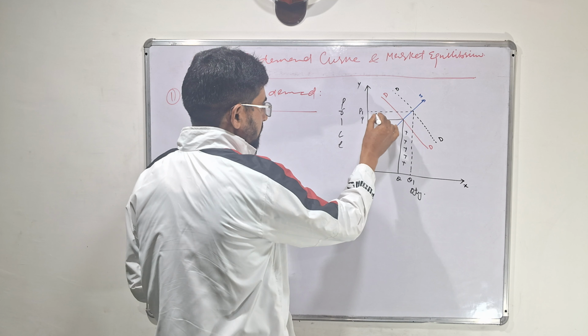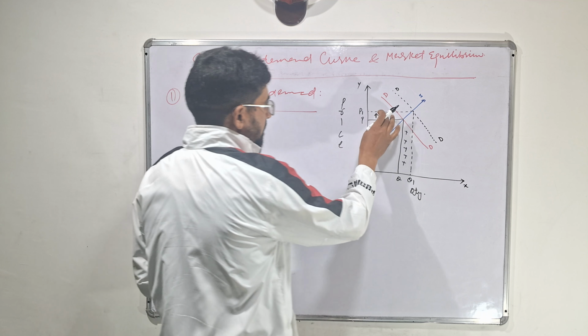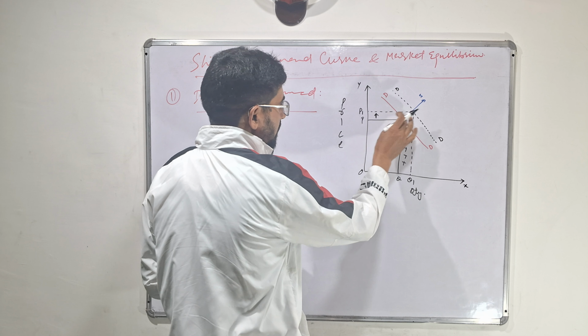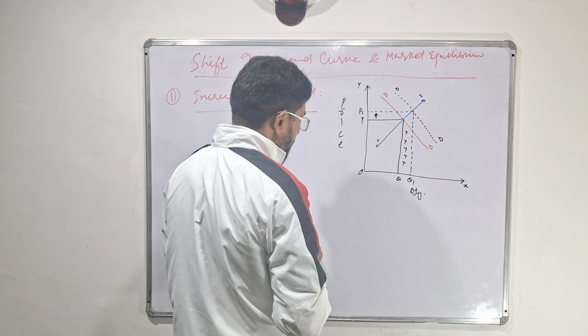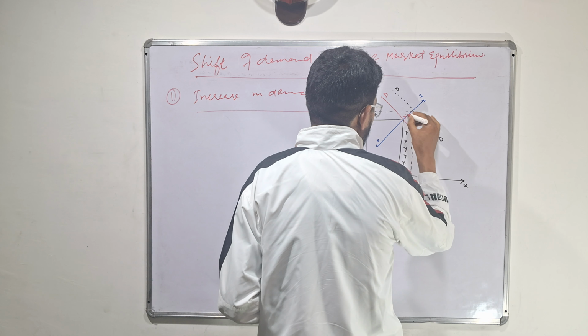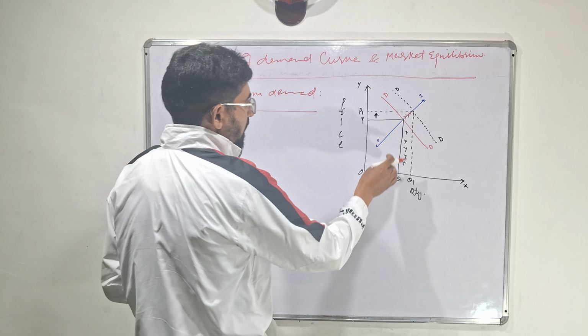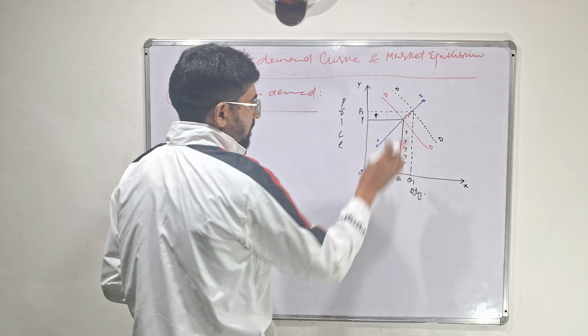When price increases, this will definitely lead to an increase in quantity supplied. There is a movement along the supply curve, and due to the increase in price, quantity supplied will increase.